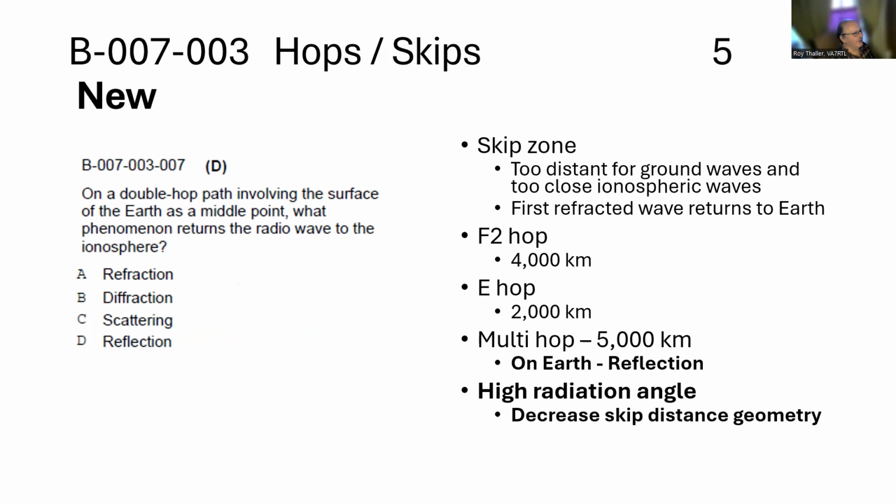Another new question. On the double hop path involving the surface of the Earth as a middle point, what phenomenon returns the radio wave to the ionosphere? So in this case, it's D. The answer is reflection.